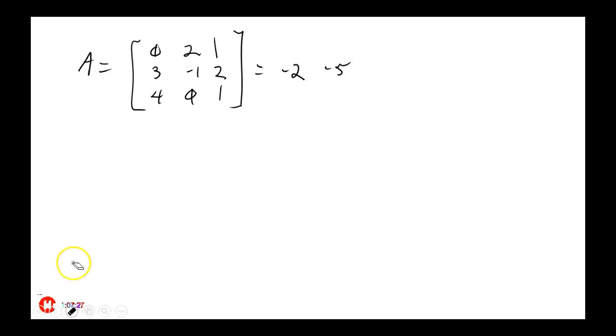I don't want to put those bars because that makes it look like absolute value. Okay. And then we do the 1, and that's a +1 times its determinant, which is 3 minus 8, which is -5 again. It's what? -5. How do you get that? 3 minus 8. How do you get that? Oh.